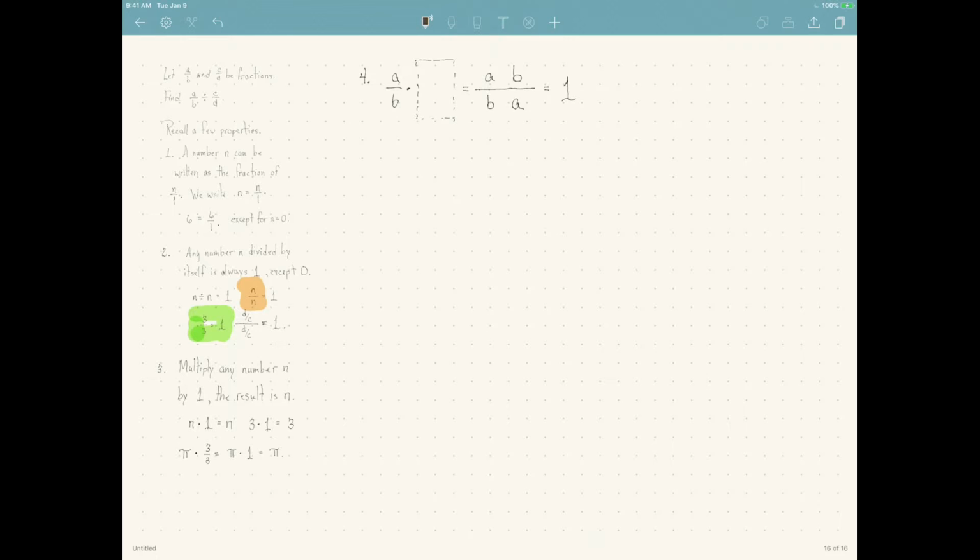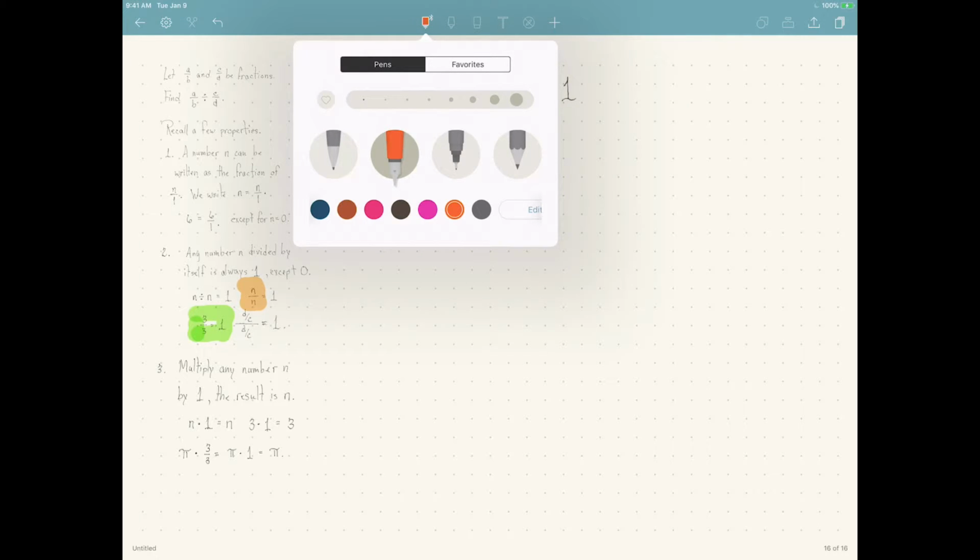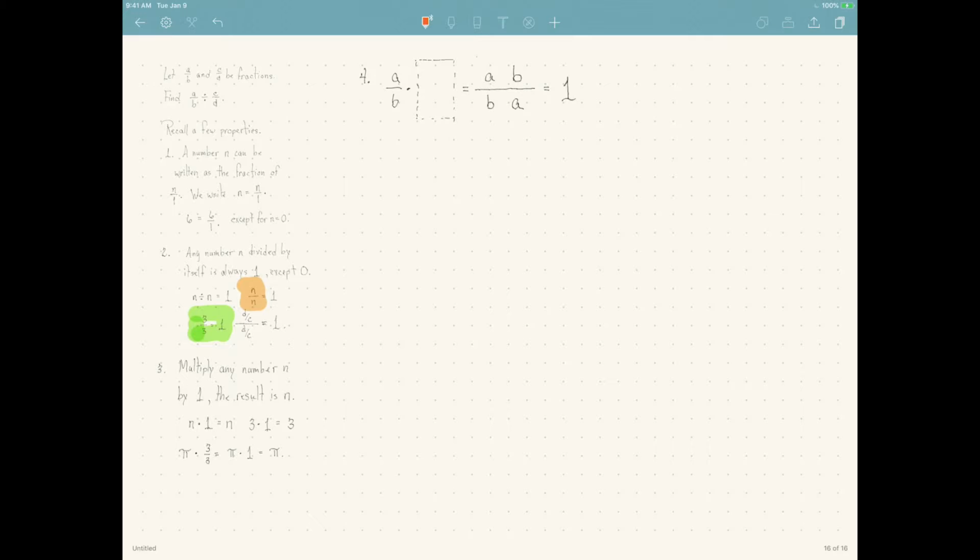This piece that we've just uncovered is what goes back into the box. If we take a over b and multiply it by b over a, the result is 1.